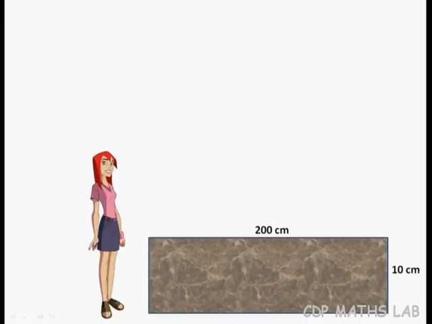Now note, the length of this rectangle is 200 centimeter, and the width of this rectangle is 10 centimeters. Now note, this was the same area that the couple are going to cover with ceramic tiles.